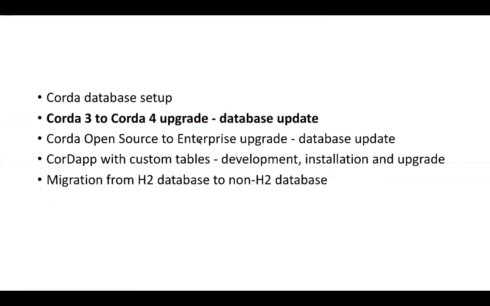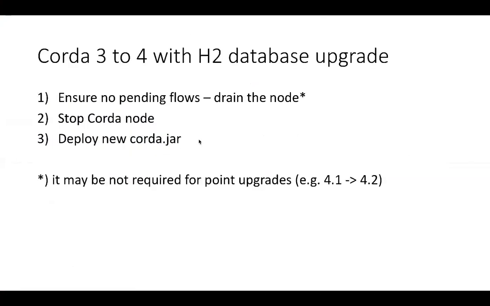Okay, so now about upgrading. If you are using open source or Enterprise, when you want to upgrade with an H2 database, you essentially just need to stop the Corda node and deploy the new Corda jar.